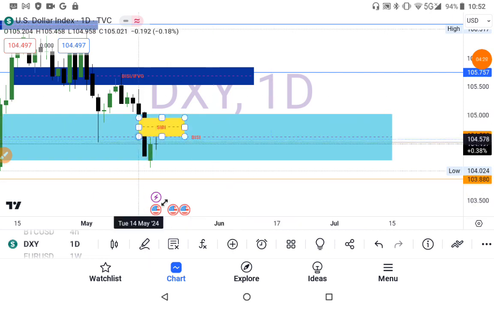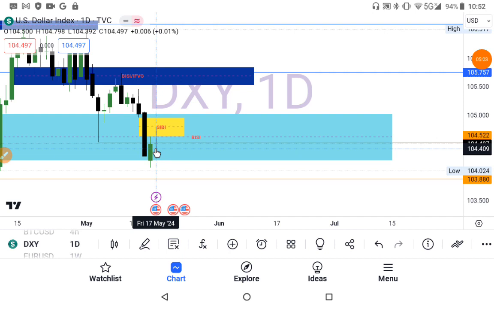You can see on Wednesday, we traded into 104.522. On Thursday, we went through, but we didn't get to 103.880. The low of that candle on Thursday was 104.080.